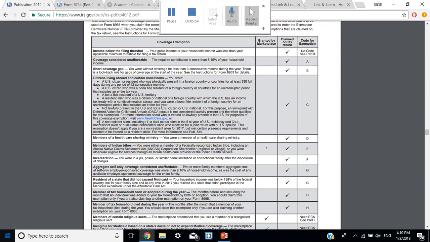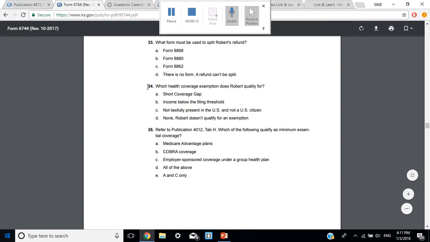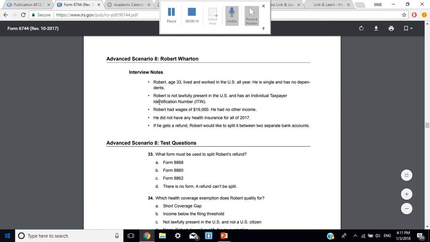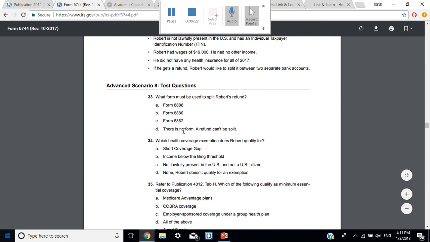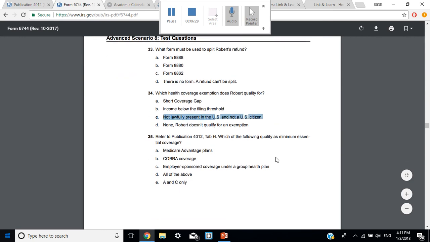This covers all of these bullet points. Who is physically present, who's a nonresident alien, or national. Not lawfully present in the U.S. and not a U.S. citizen or U.S. national. This is basically word for word of what we just read about our man Robert. Not lawfully present in the U.S. So, our man Robert can apply for a health coverage exemption, and it is the C. Not lawfully present in the U.S. and not a U.S. citizen.